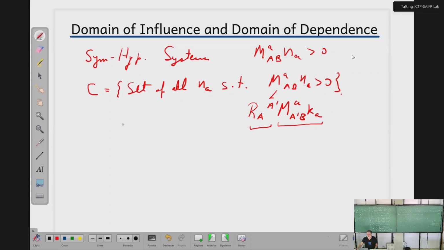So once we have the characteristics, we have this cone and the co-cone, right? This comes automatically. So these are all the vectors PA such that PA with NA is bigger or equal to 0, and this is closed.